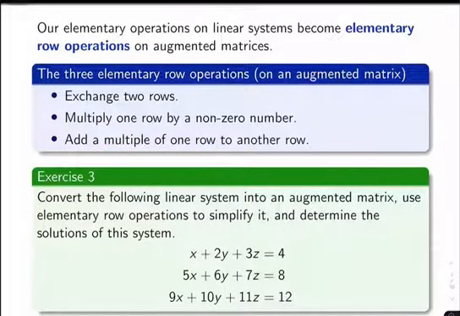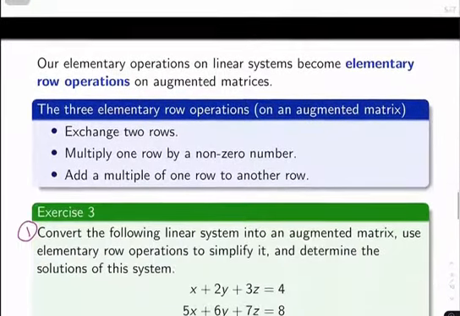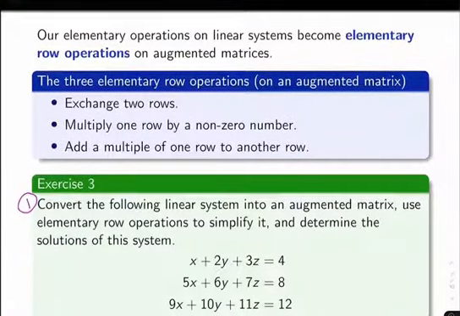So now I will do another example where I start with this system and I convert it into an augmented matrix, which we did in this slide. And then I will use that augmented matrix and apply elementary row operations to simplify it.